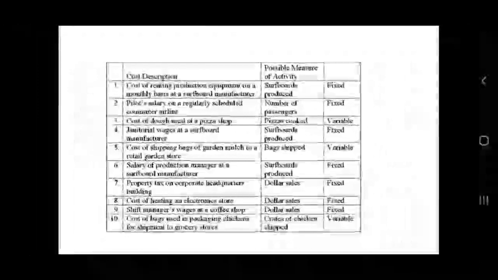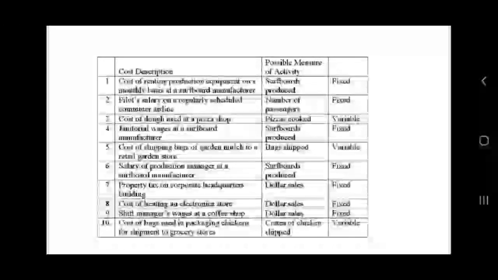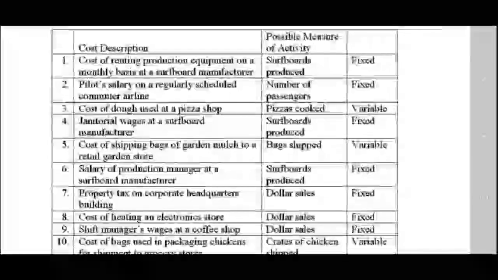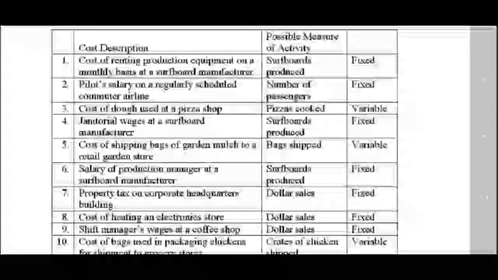So in this question, you have to know how to identify which one is a fixed cost and which one is a variable cost. Also, you have to know for each cost which one is a manufacturing cost, which one is a non-manufacturing cost, which one is a prime cost, which one is a conversion cost, what else? Which one is a direct material cost, which one is a direct labor cost and overhead cost. Which one is variable overhead cost?